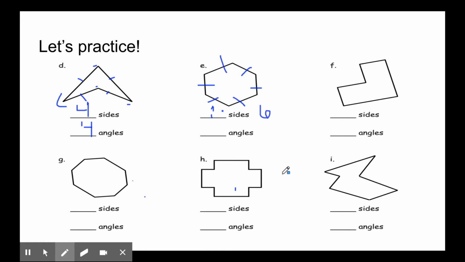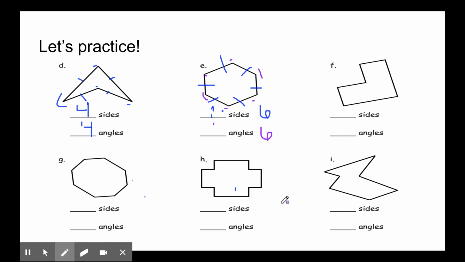And how many angles? I'm going to use a different color here. 1, 2, 3, 4, 5, 6. 6 angles. Oh, are you noticing a trend?